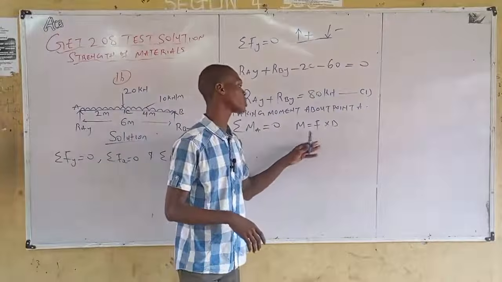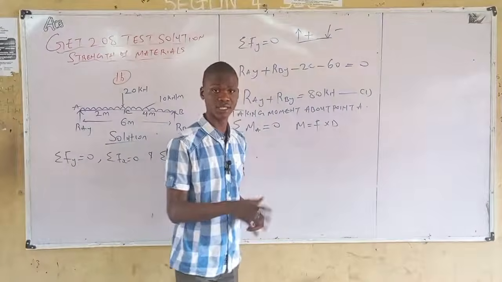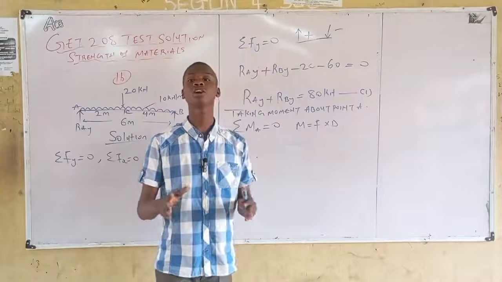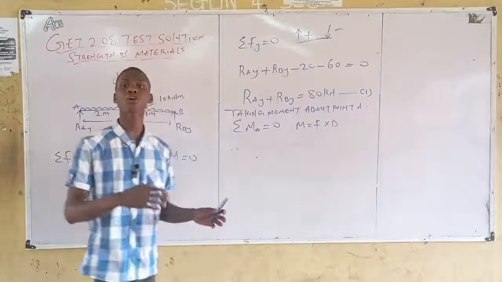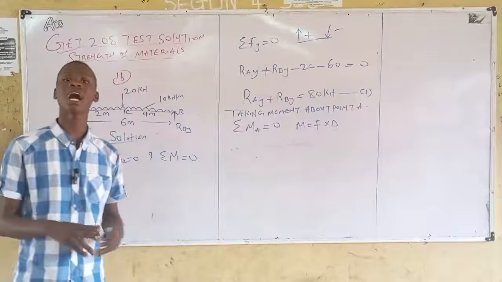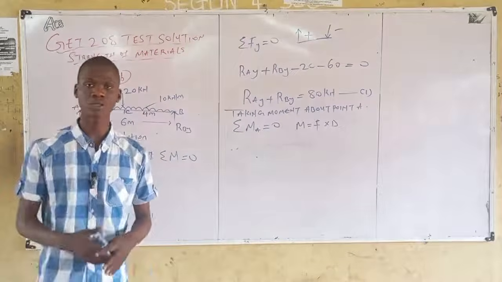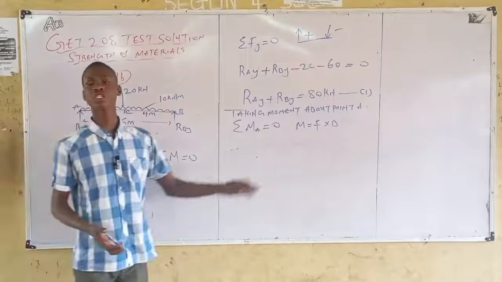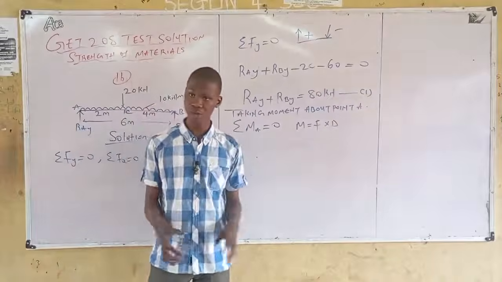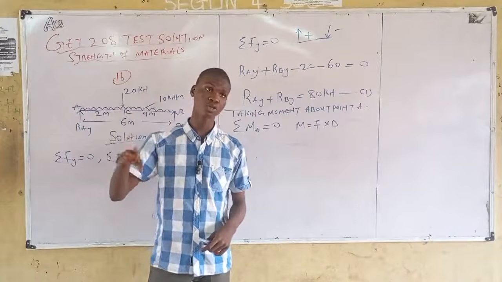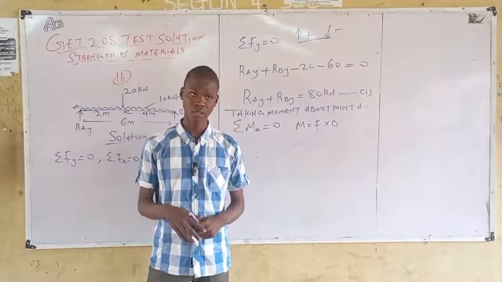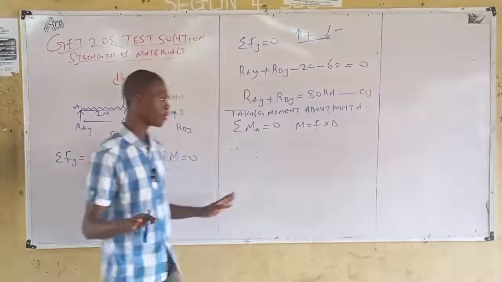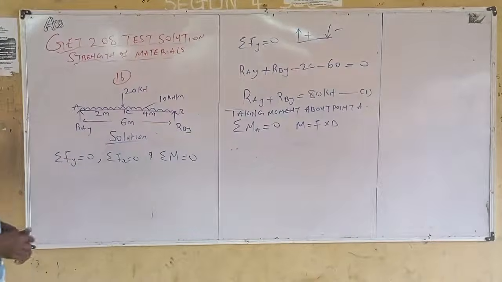This is the first thing. The second one is your direction. We have the clockwise direction and we have the anti-clockwise direction. Once you know this your moment calculation very well, in bending moment calculation, you will not have any issue. You understand? So let's pay maximum attention.